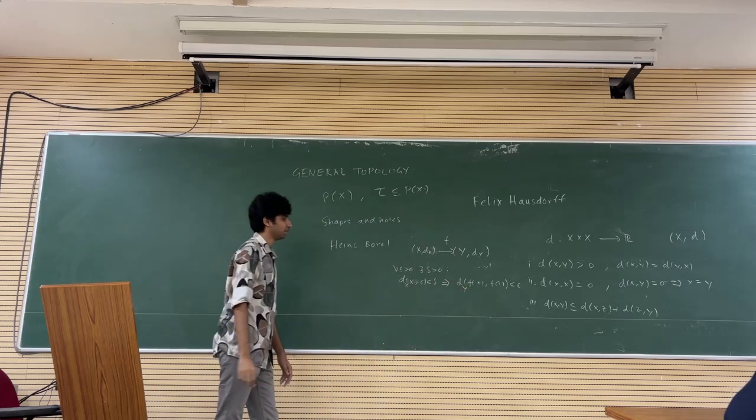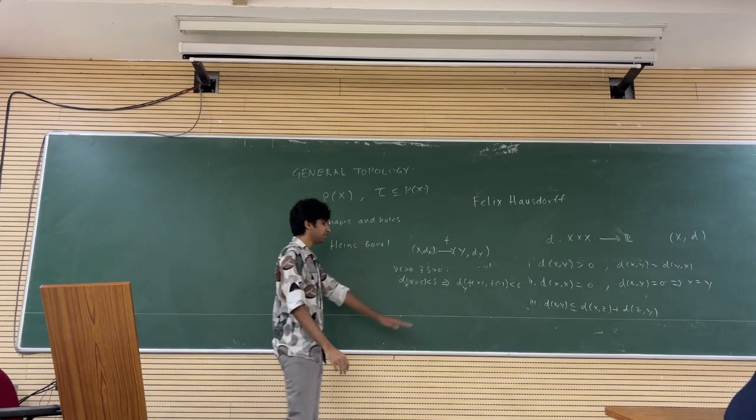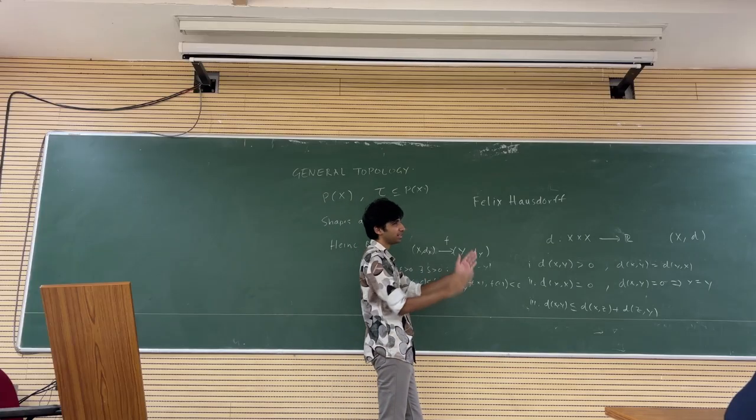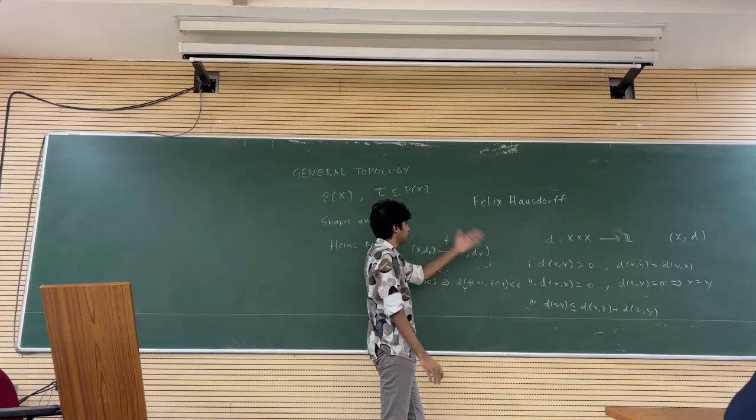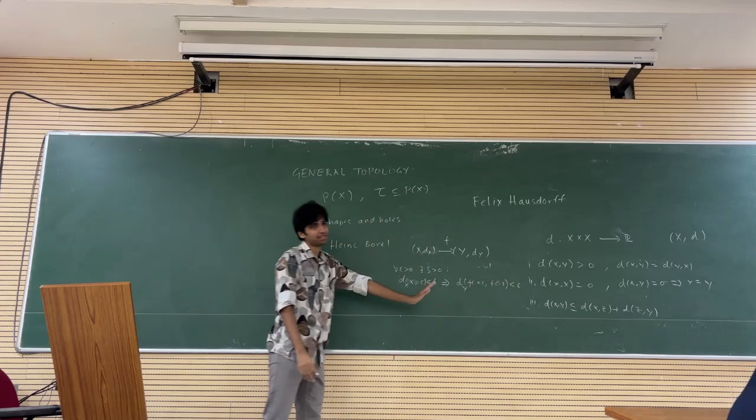So here you see the only notion which is important is what closeness means on this side and this side, and then we can repeat the same thing.